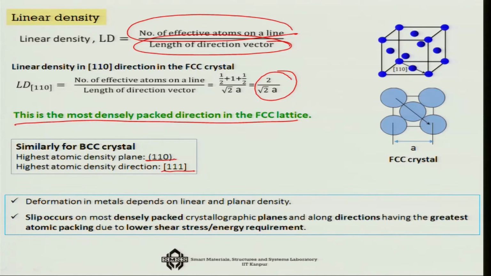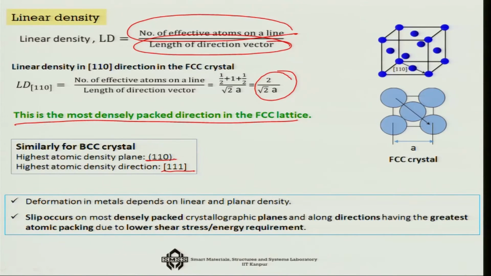Now, why is this important? Because deformation in metals actually depends on this linear and planar density. If you have more number of atoms in a particular plane, then it will be much easier to push a dislocation over that plane in comparison to any other planes. That is why most of the time the dislocations travel over the highest density plane.